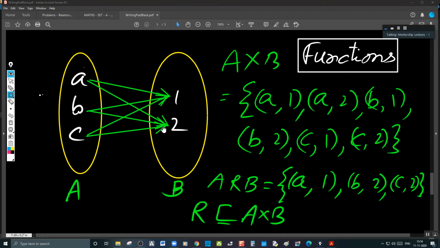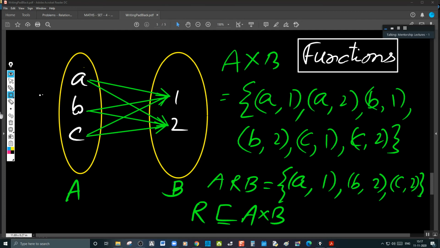C to 1, if you write, you should not write C to 2. But you can do the same for relations. There is no restriction for relations here. And of course, in the Cartesian product, every element of set A will associate with every element of set B.